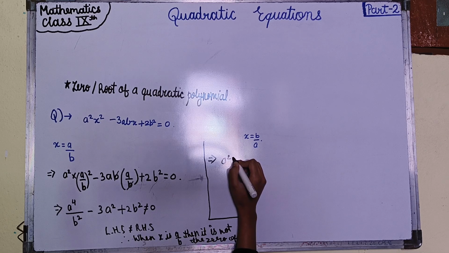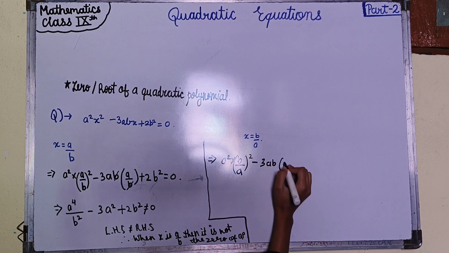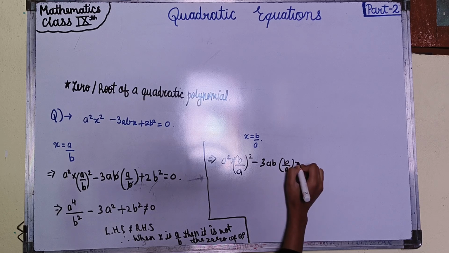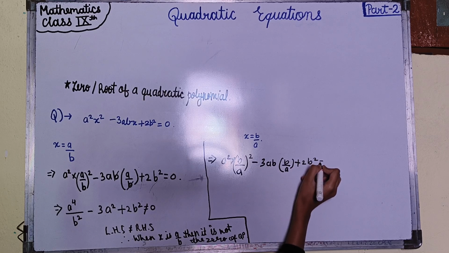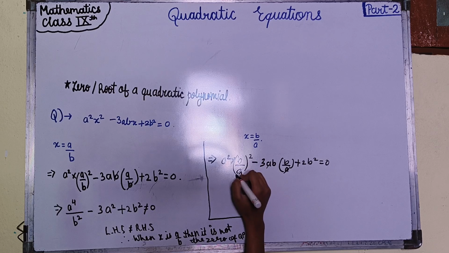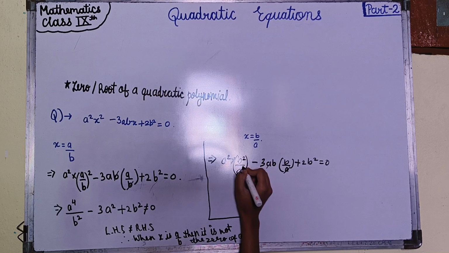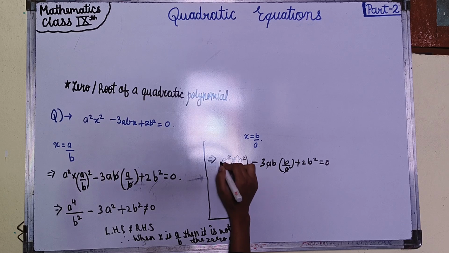a square into b upon a whole square, minus 3ab into b upon a, plus 2b square is equal to 0. a will get cancelled. a square will get cancelled.